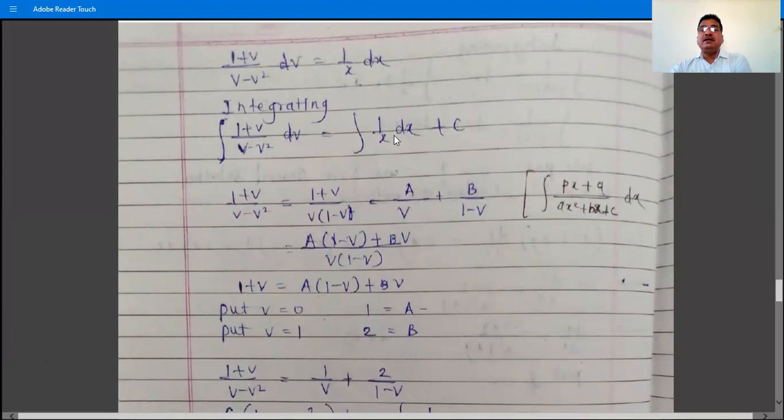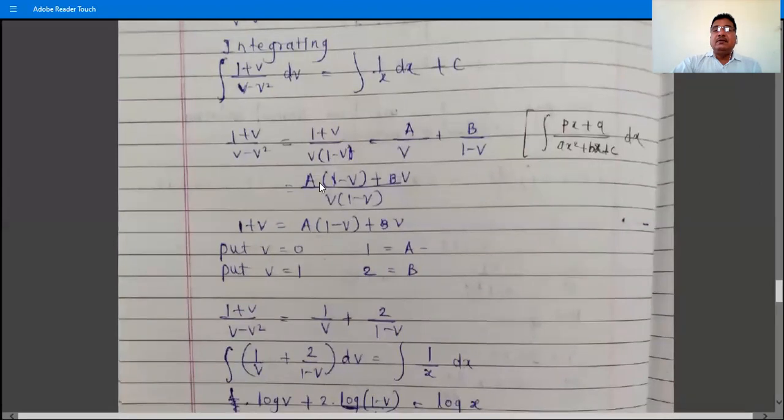Now the integration of 1 by x is log x, but we have to integrate 1 plus v divided by v minus v square by using partial fractions. 1 plus v, take v as common, v into 1 minus v is the factorization of the denominator. Then the partial fractions are a by v plus b by 1 minus v.